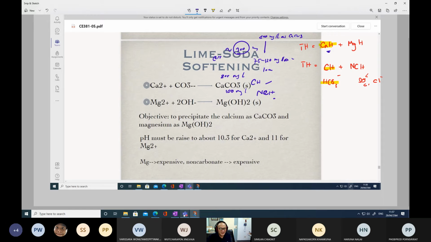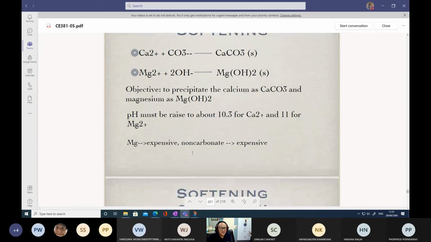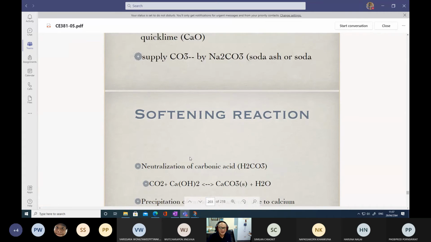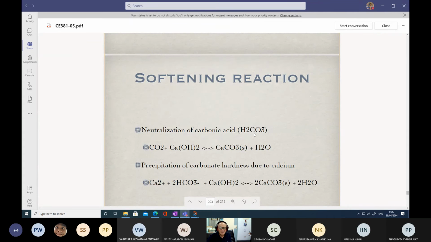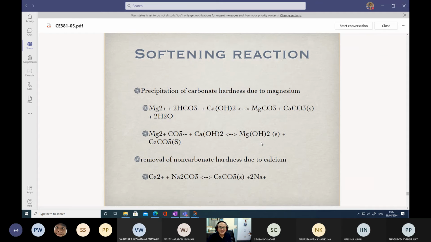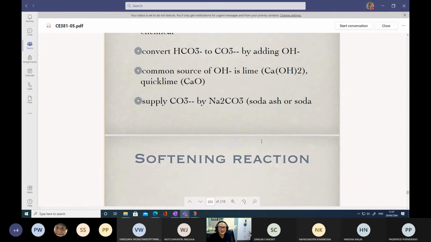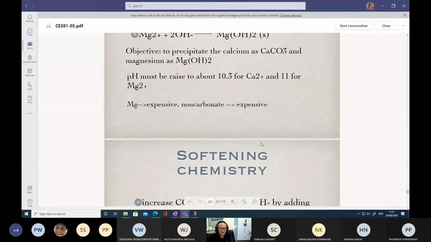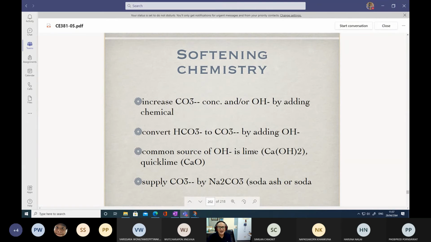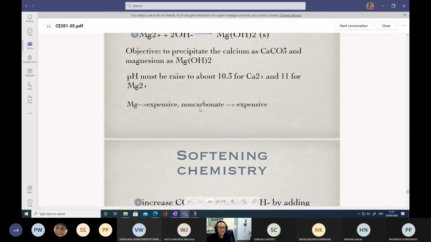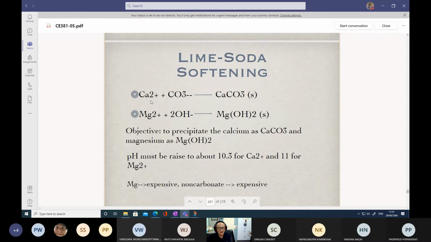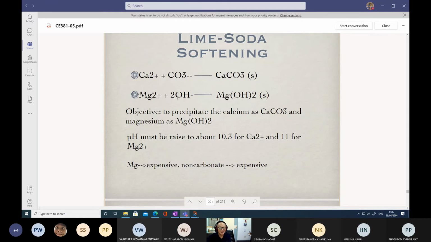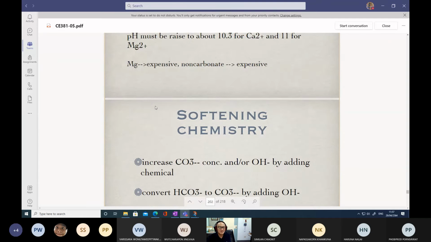If you look at the reactions, okay, so before we move to the reactions, what we have to do for softening, first we need to increase the concentrations of the carbonate, because we need carbonate to precipitate calciums, and we also need the hydroxides to precipitate magnesiums.